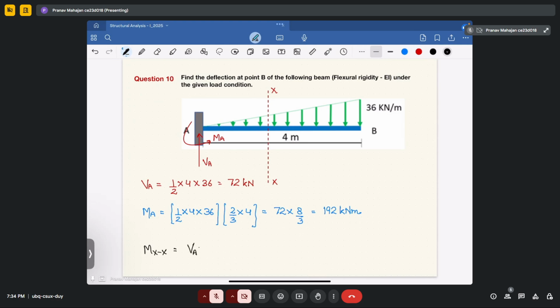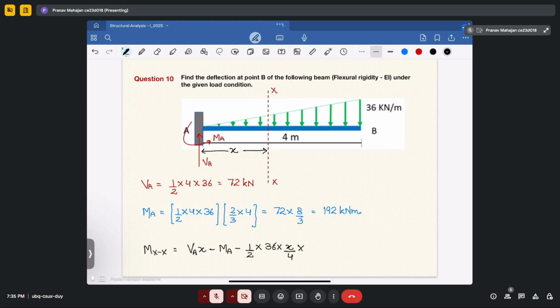That means VA into H. Let's say this is distance as H. VA into H minus MA and minus of 1 by 2 into 36 into H upon L. L is 4.